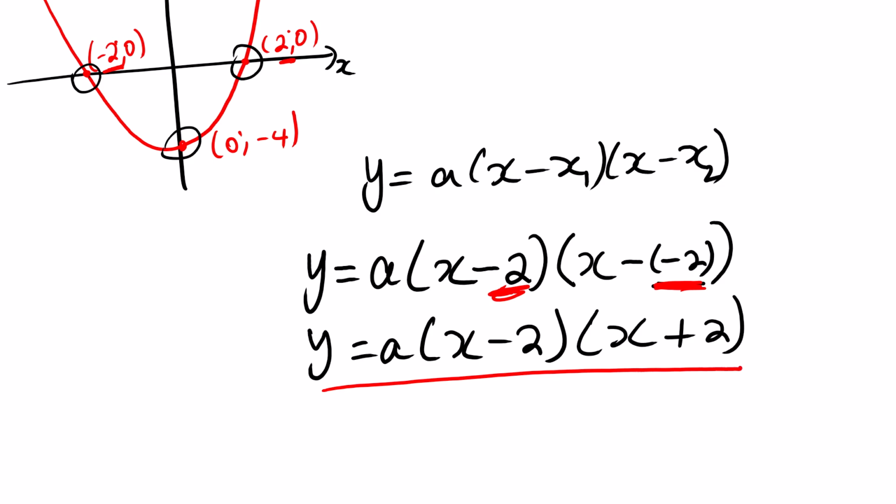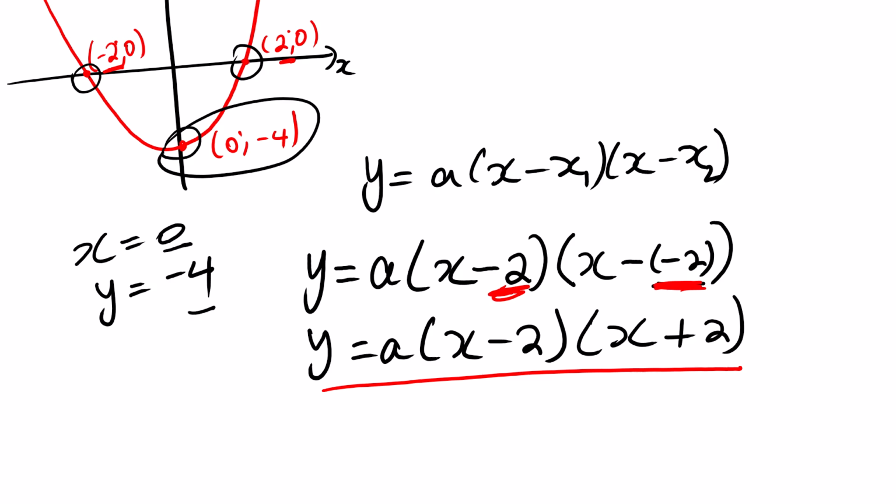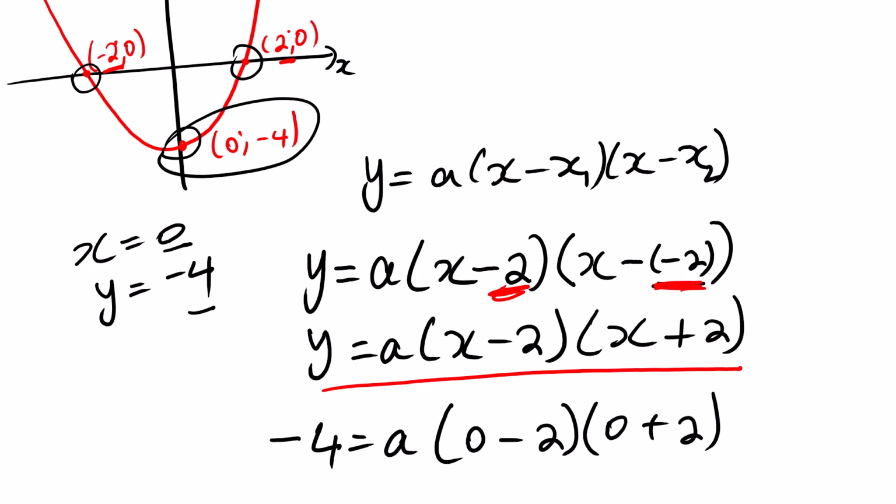And then from here we need any point which is on that particular function. In this case we have this one. We can see that our x is 0, our y is -4. So where we see x, we substitute 0, and where we see y, we substitute -4. So we have -4 is equal to a(0 - 2)(0 + 2).